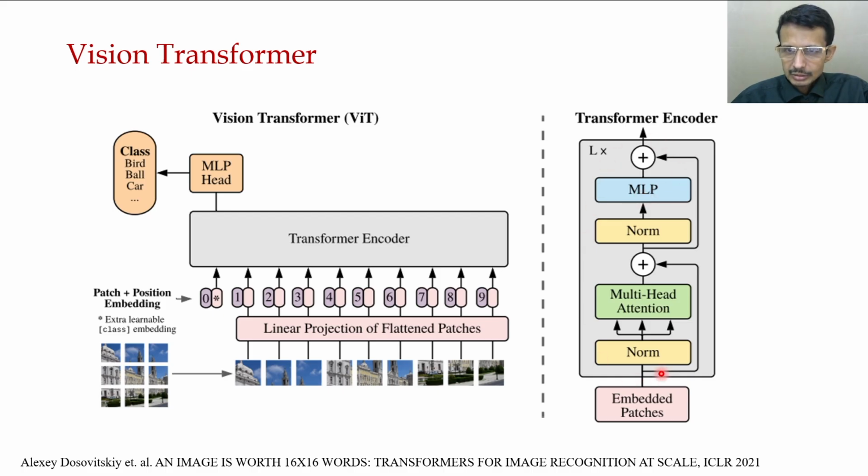And such an encoder is a different level of encoder from what we have seen in the normal transformer encoder-based model. So this is the vision transformer architecture in a very simplistic way to understand.